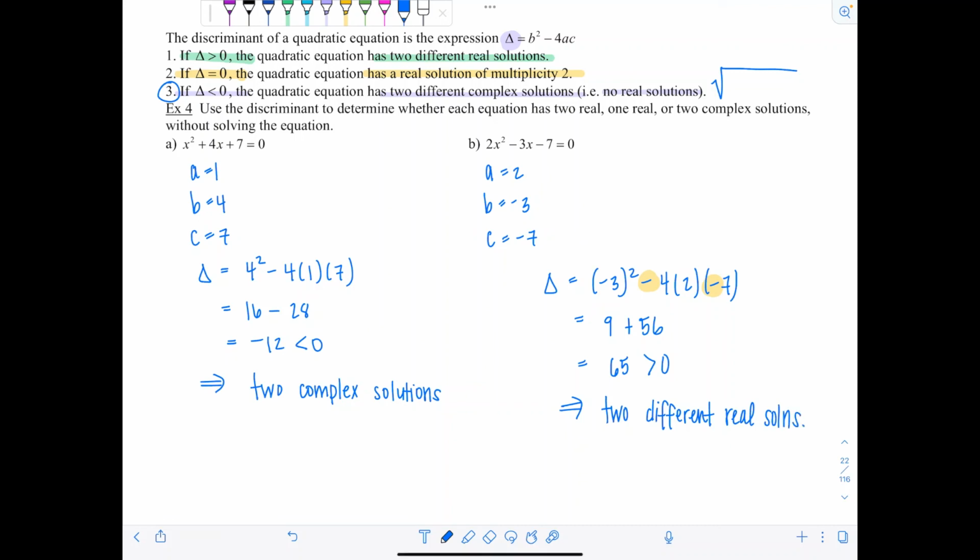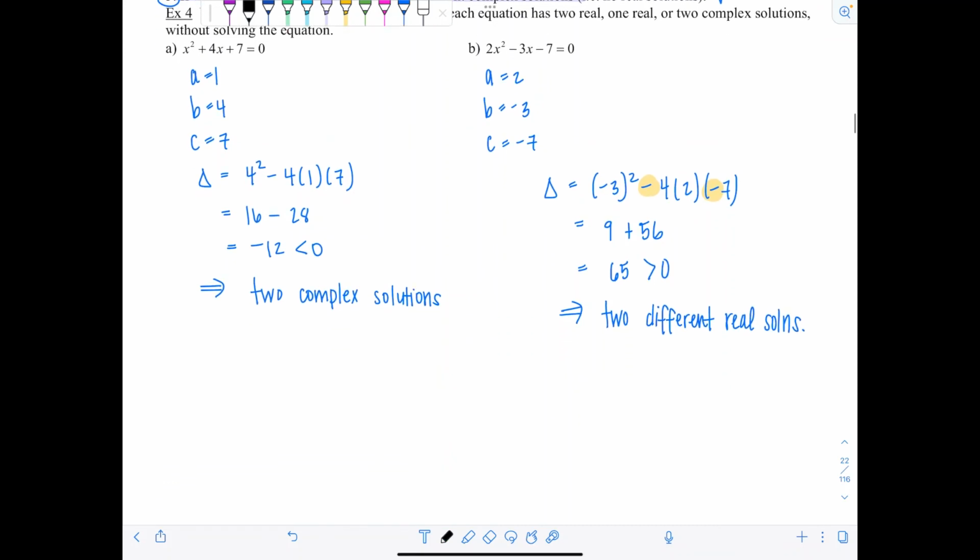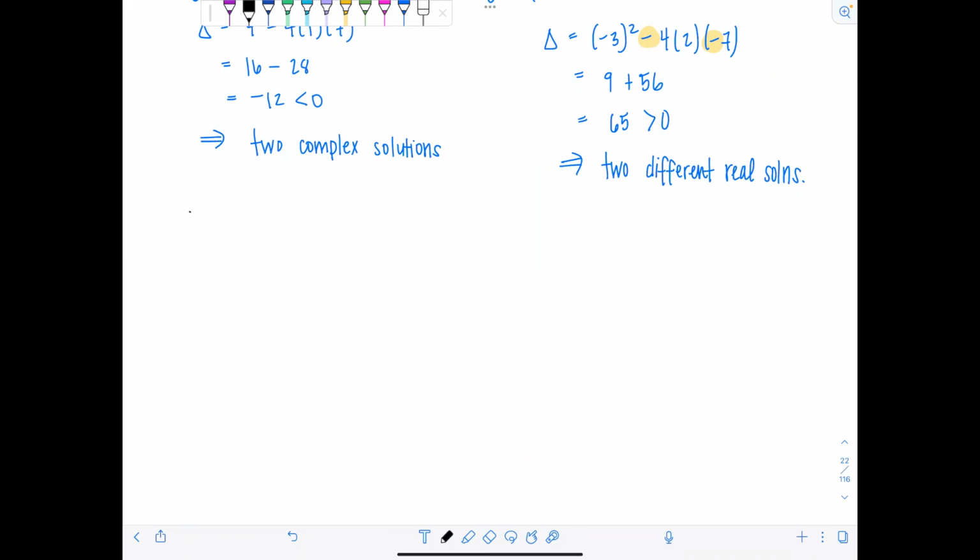Okay, one more, C. Let's do x squared minus 10x plus 25 equals 0. So let's list out what A, B, and C are. A is 1, right? B is negative 10, and then C is 25. So discriminant, B squared, negative 10 squared. Are you putting the parentheses nicely like I am?